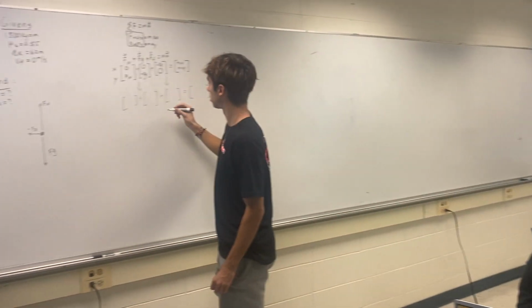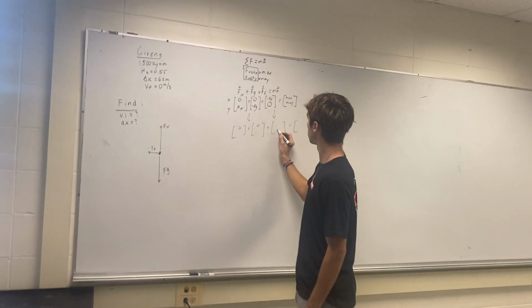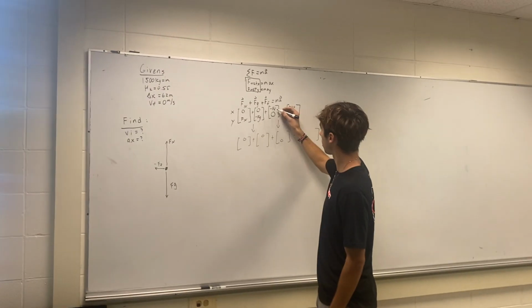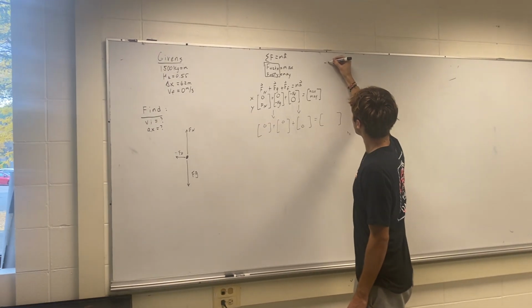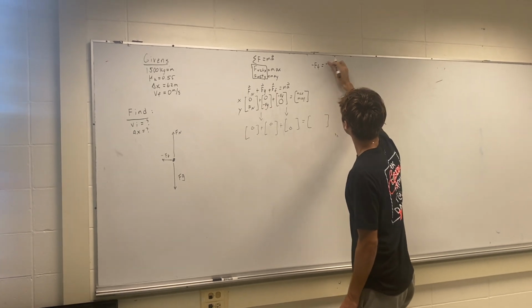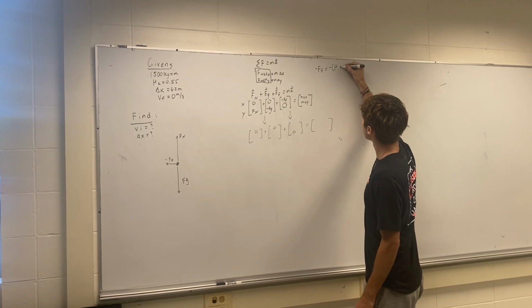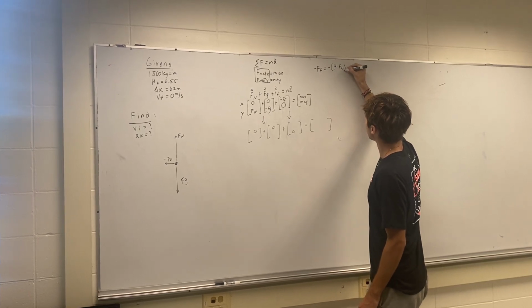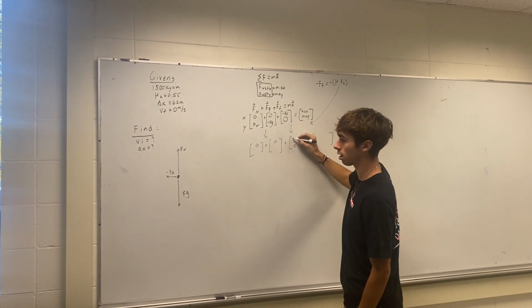Okay, so we can rewrite our zeros, and then we can say that the negative force of friction is equal to the negative coefficient of friction times Fn. So we can just write that in right here.